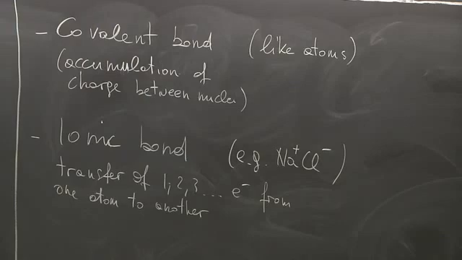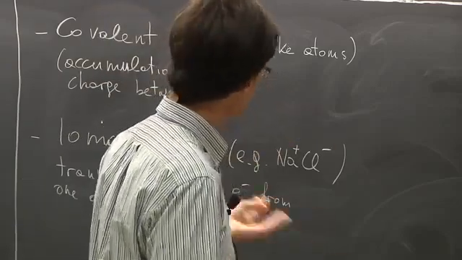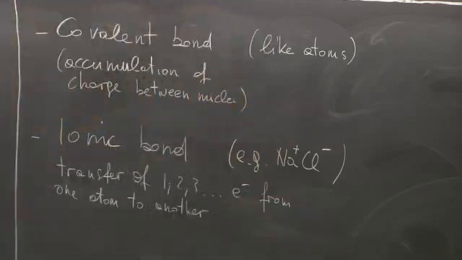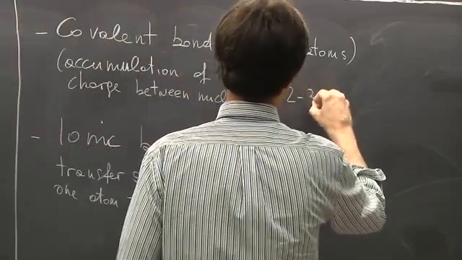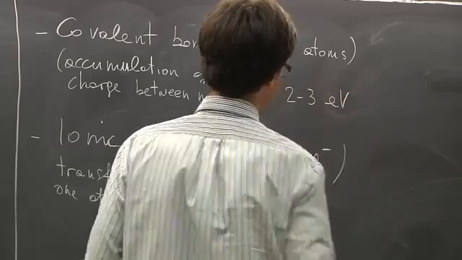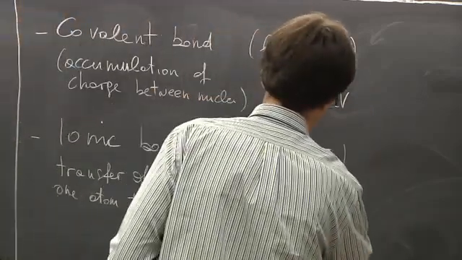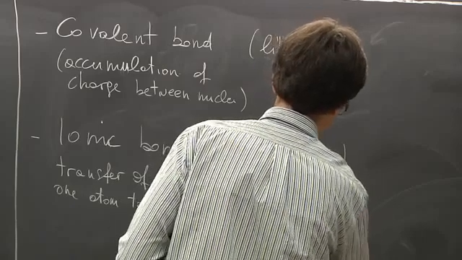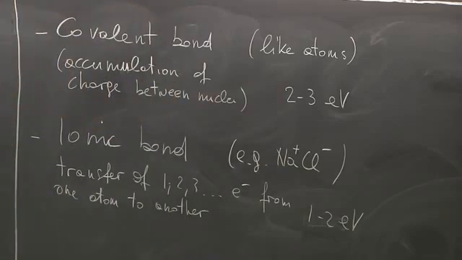By the way, in terms of what is the value of the energy gain by forming these bonds, we're typically talking about 2, 3 electron volts, and something also similar here, 2, 3 electron volts, probably a bit less here, 1, 2 electron volts, in the case of the ionic bond, per pair of atoms.